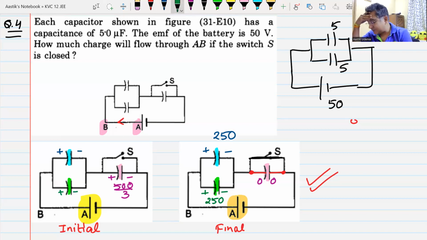So how do I get the charge on the blue capacitor and the green capacitor? 250 by 3, sir. Okay, 250 by 3.